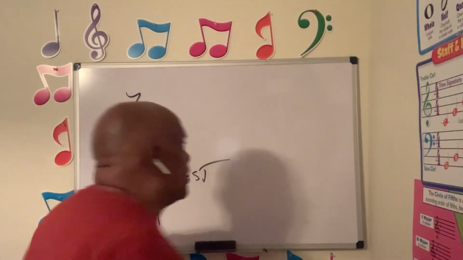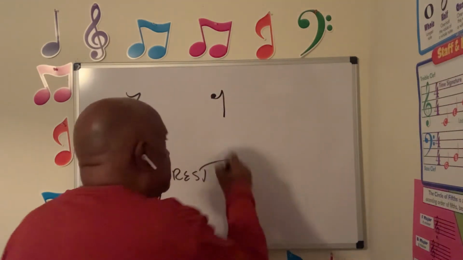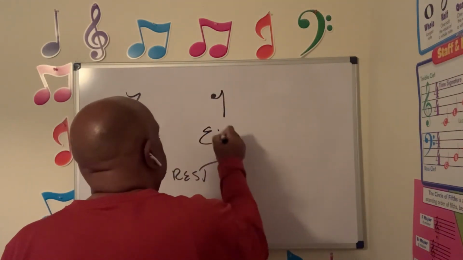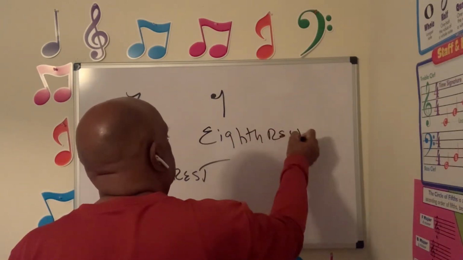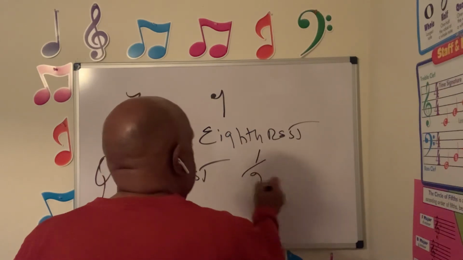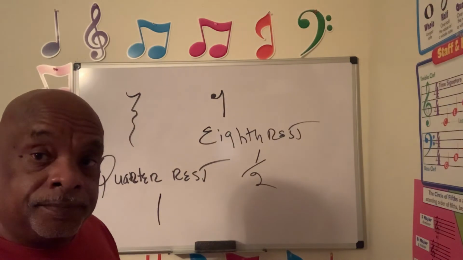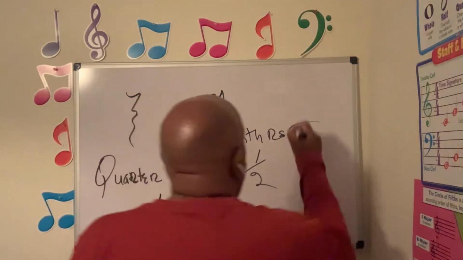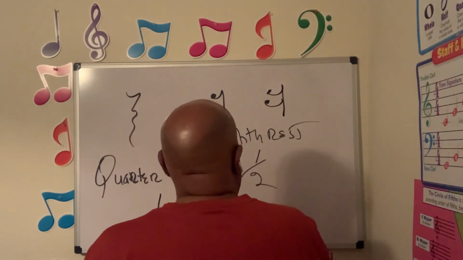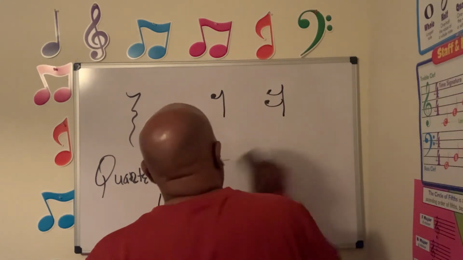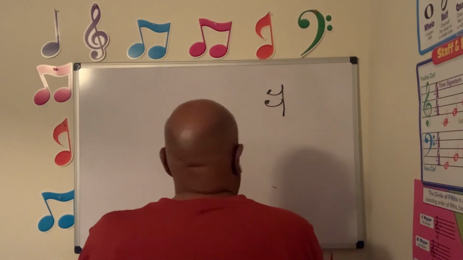Then the 8th rest gets a half beat. The 8th rest gets a half beat like the 8th note. And then the 16th rest gets 1/4 beat like the 16th note.